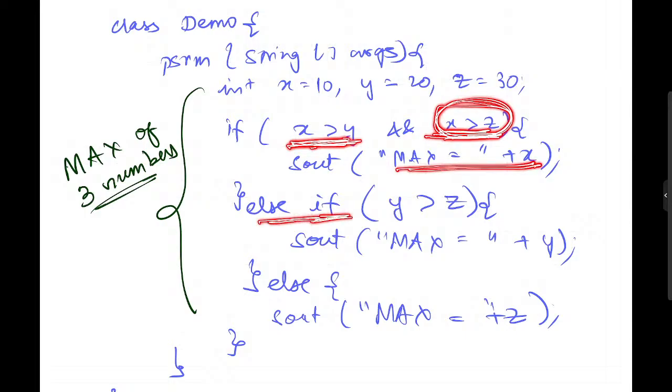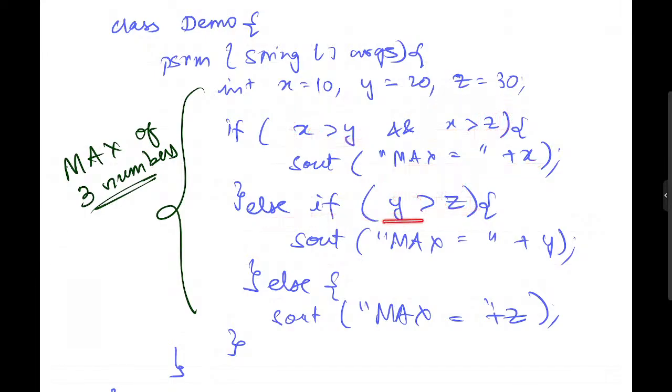Else if y is greater than z: we have already established that x is not greater than y and x is not greater than z if it comes to this condition. So x is either smaller than y or smaller than z. So if y is greater than z, I can say max is equal to y.